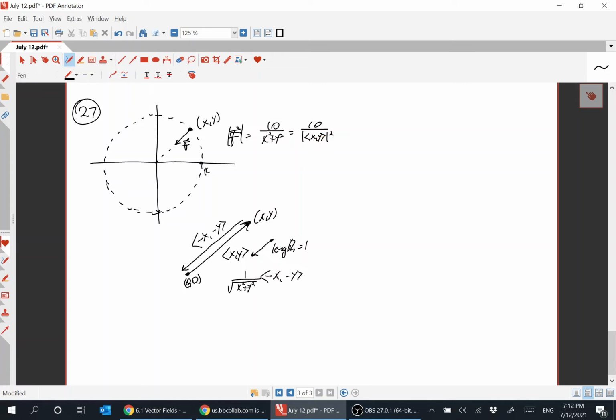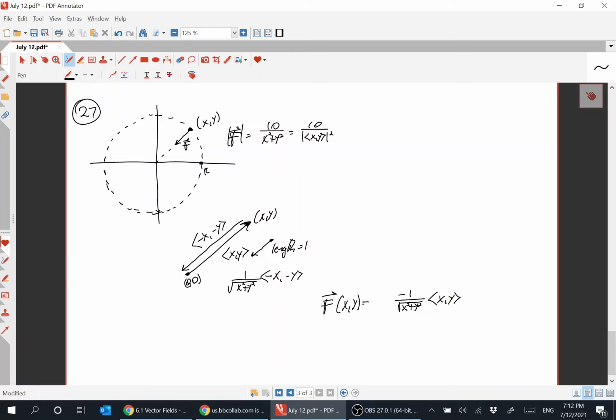Well, how do I make a vector of a certain length with a given direction? I take the unit vector in that direction, which is this: minus 1 over the square root of x squared plus y squared times the vector.